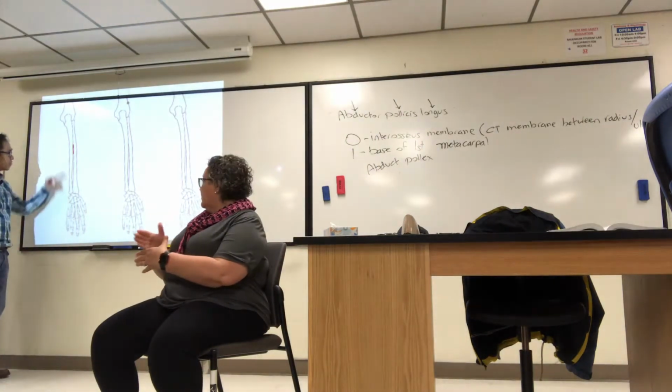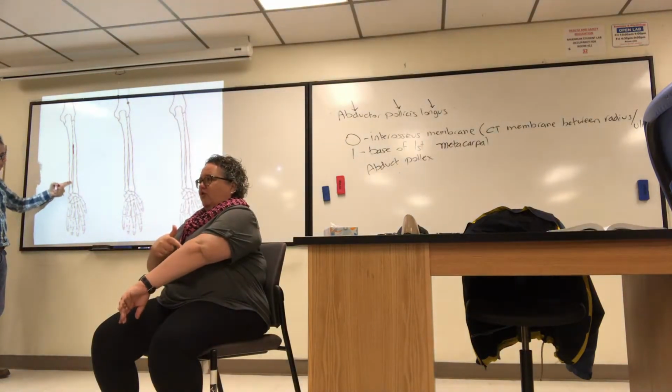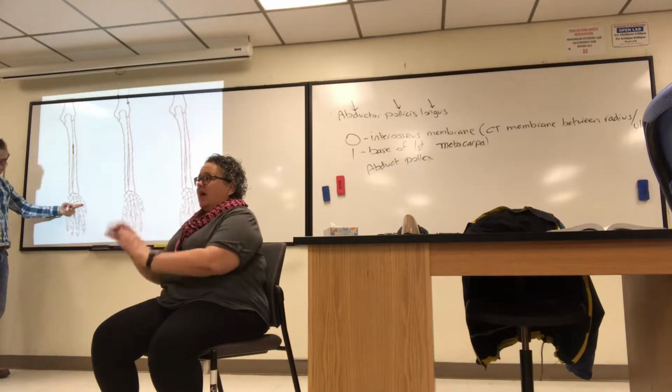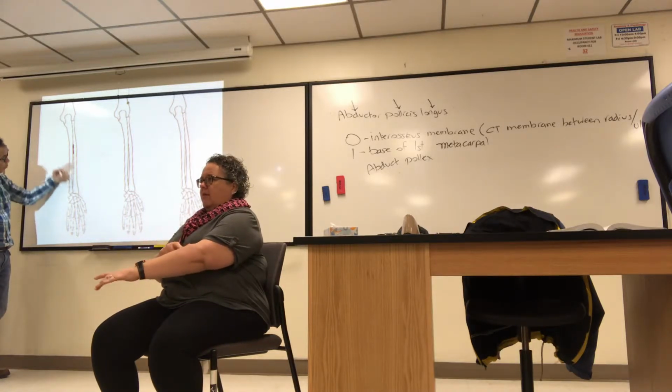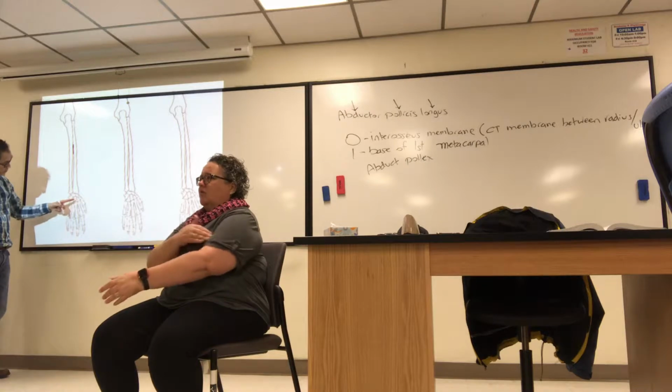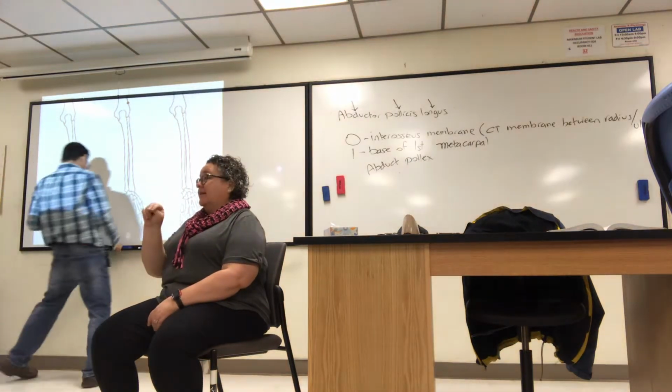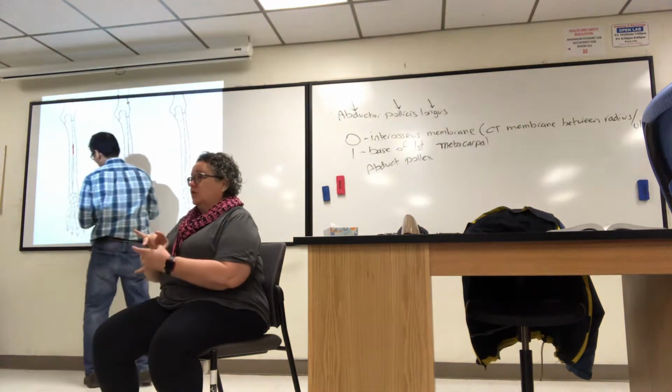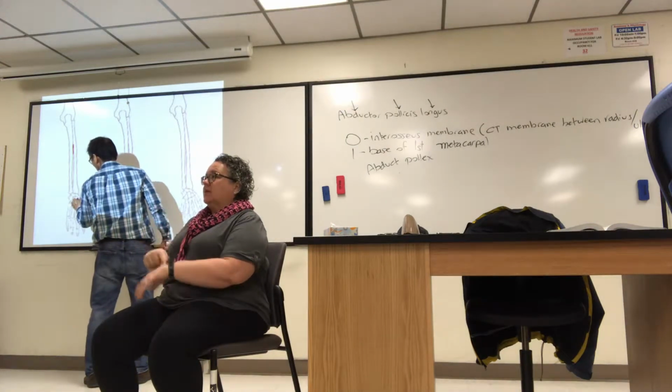Okay. So the muscle identified up here, it's going to move the thumb. So identify the muscle somewhere here. The tendon will insert at the base of the first metacarpal right around here.